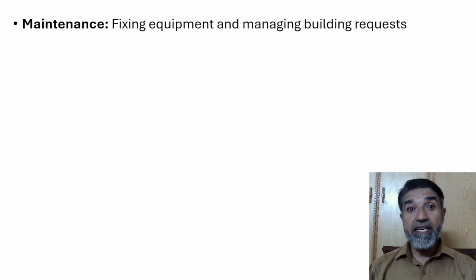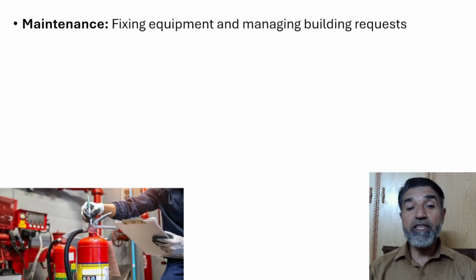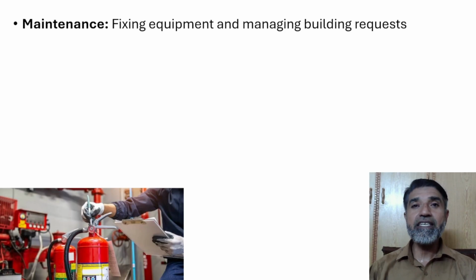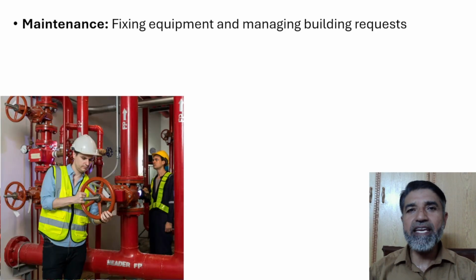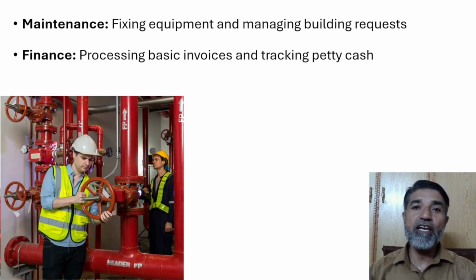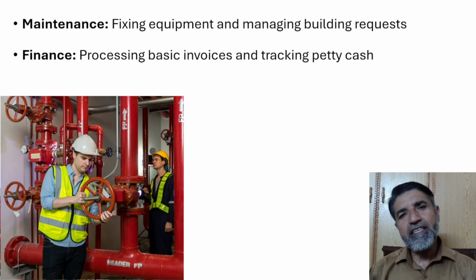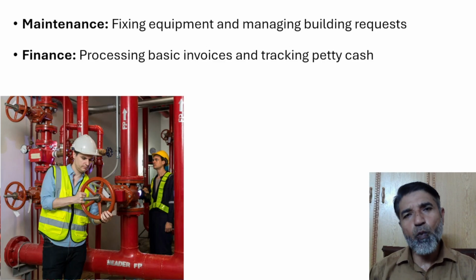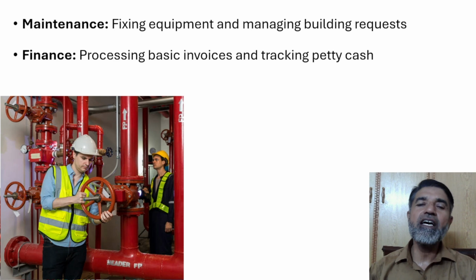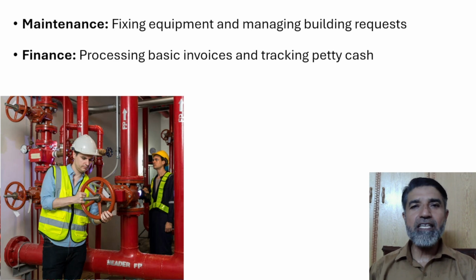Maintenance of equipment and systems is not directly the responsibility of a Fire Officer 1, but he has to take part in that, in the repair and maintenance. Also on the finance side, he must know how to process basic invoices. Financial dealing is not directly the responsibility of Fire Officer 1, but he has to know how to process the finance, how to raise the files, how to raise the cases and get approval.